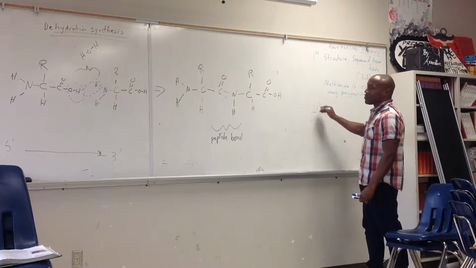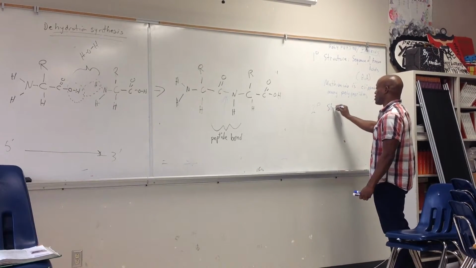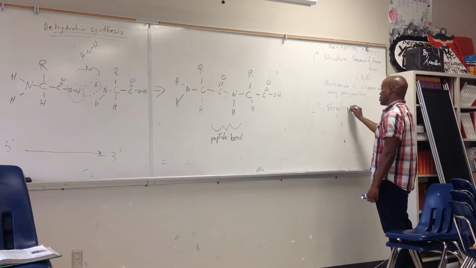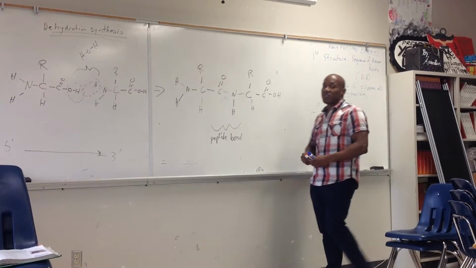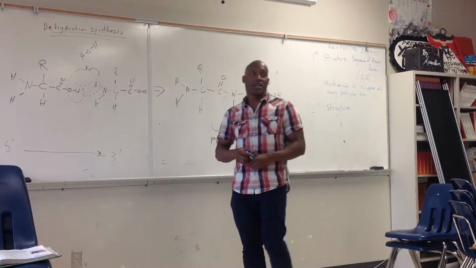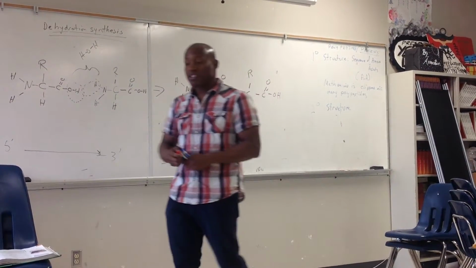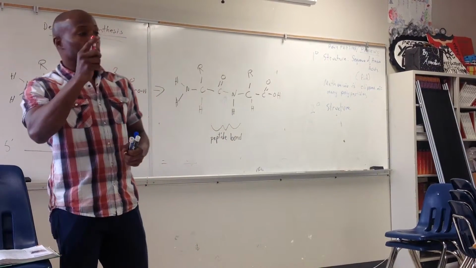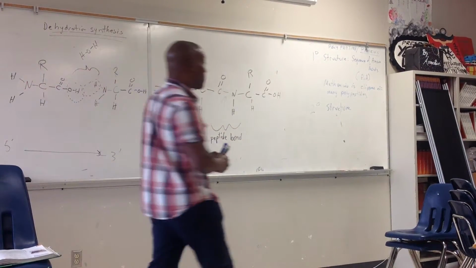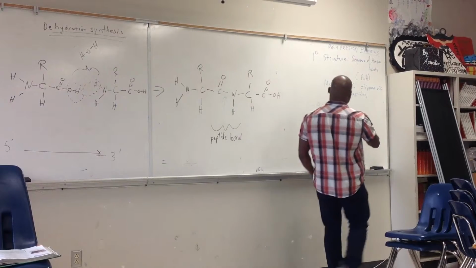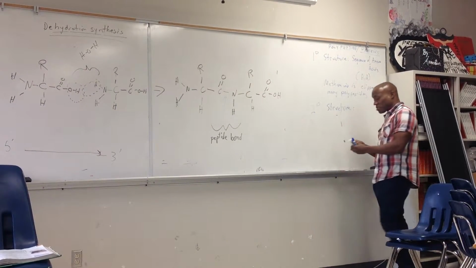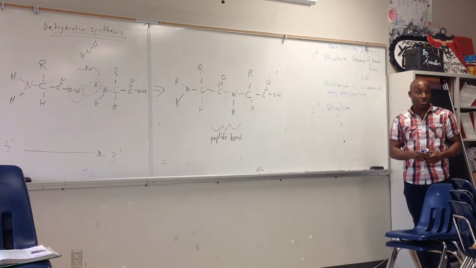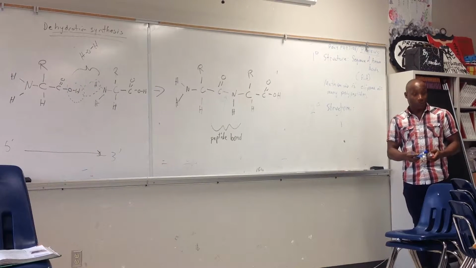All right, now we're on to our secondary structure. Our secondary structure is created by hydrogen bonding in the polypeptide chain itself. And the secondary structure is two types. There are two possible secondary structures. Have we covered this? What are they?